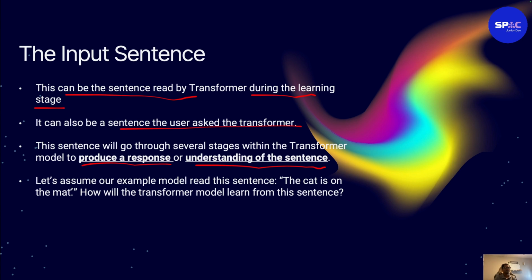For our example today, we are going to look at one sentence to see how the transformer actually works with it. Let's assume that our model read this sentence online: the cat is on the mat. How will the transformer model learn from this sentence? That is what we want to find out. So let's say the transformer read this sentence online. How will it learn from it? Let's find out.